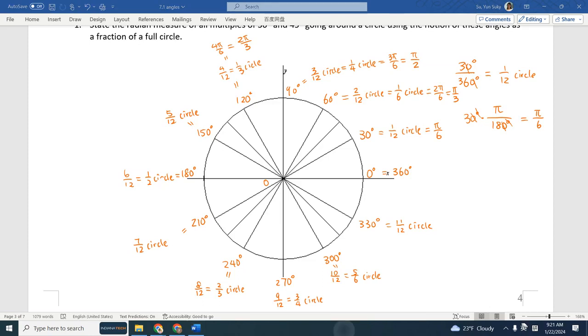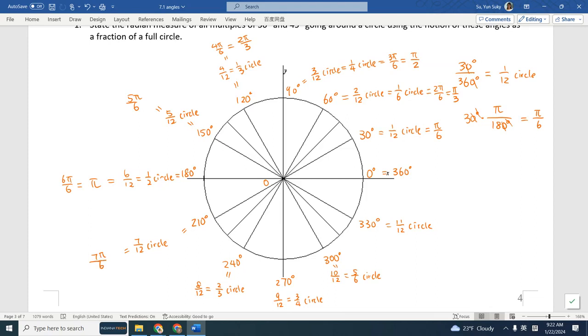Yes, so we have 5 copies of pi over 6. And then how about here? 6 copies of pi over 6, which is pi. 180 degree is pi. We know that, right? Okay, how about here? How many copies of pi over 6? 7. Yes, so this is 7 copies of pi over 6.